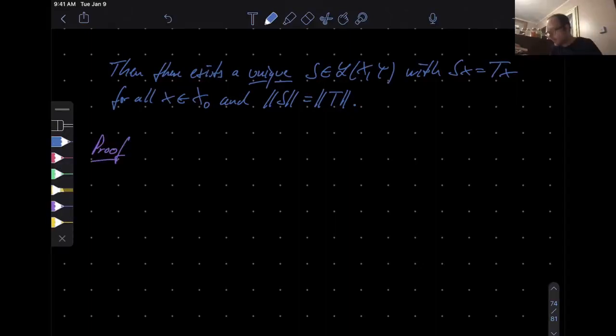Proof. It's actually very easy. Proof, if X naught is a dense subspace, well, what does that mean? Well, it means that every element in capital X you can approximate through a sequence of elements in X naught. Right, that's what it means. Like Q being dense in R, every real number is the limit of a sequence of rational numbers.